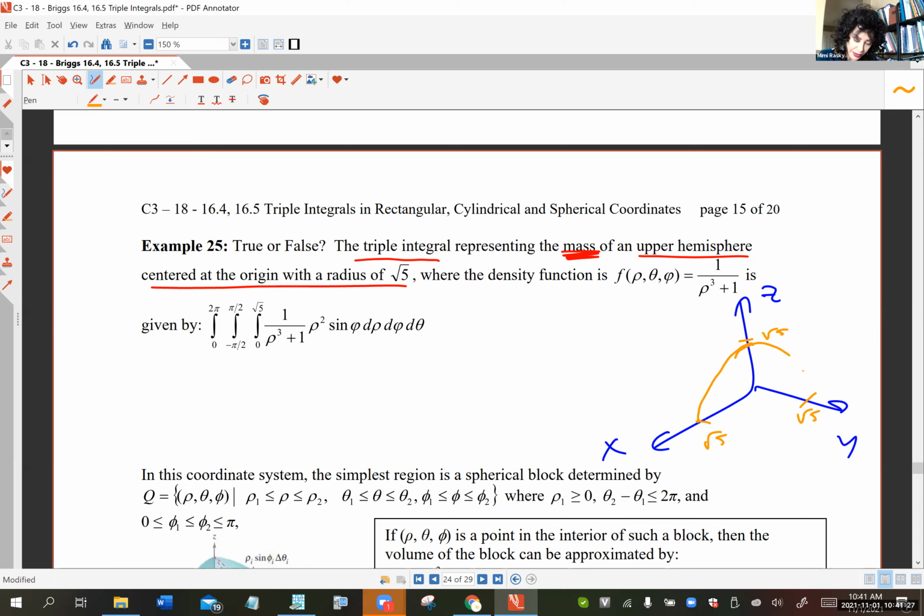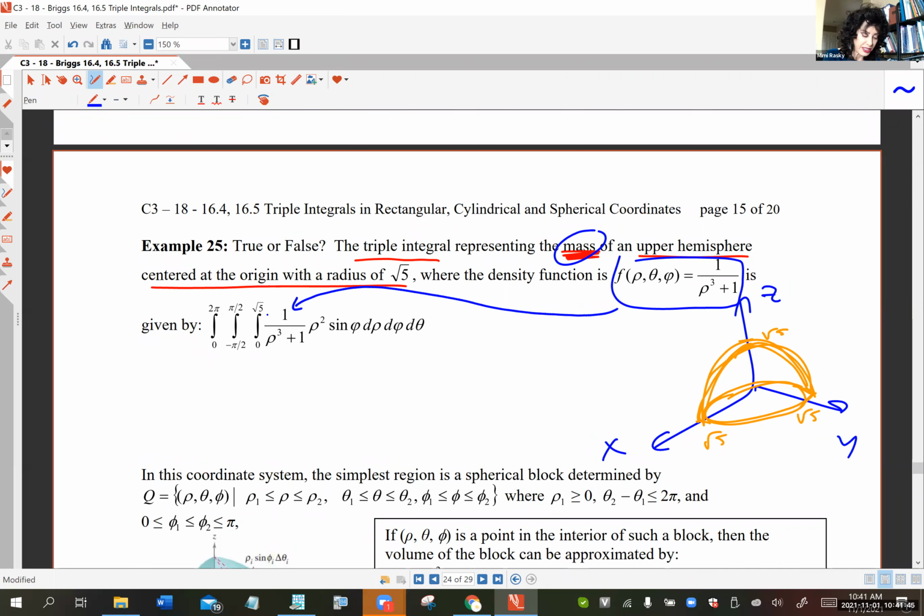I'm not very good at drawing, but you can hopefully use your imagination. That is an upper hemisphere. So there's the region of integration. They're giving us a density function. That's good, because when you're given the problem to find a mass, you need a density function, and they always put the density function in the integrand, and they did, and that's good.